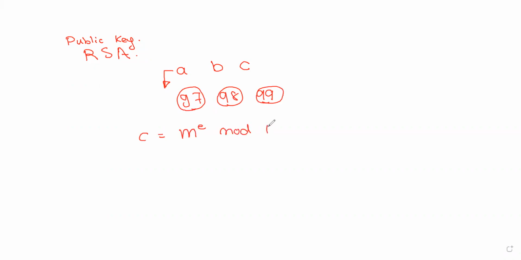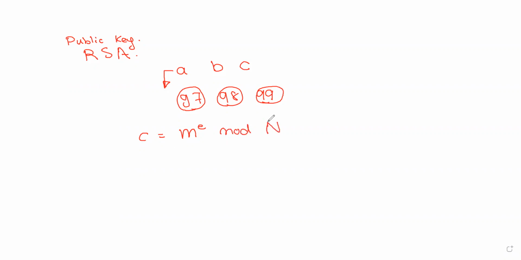So basically, you have your message, ABC, you translate it to numbers, okay? And instead of just adding a normal key, you do a really complex mathematical function to it. The function goes like this, okay? It says C equals M to the E mod N. Now, what are these very weird letters, okay?